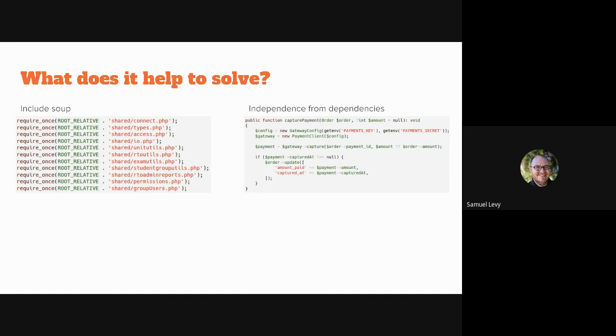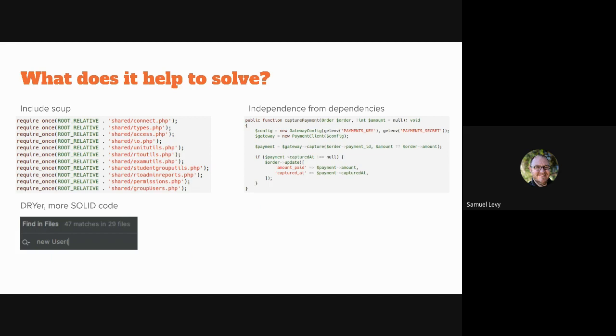So this capture payment is now silently, without you being aware, dependent on the gateway config and the gateway payment client. And you can't really see it easily from outside of there, and you can't see all of the places, or it'll be difficult to tell all the ways that it's being used and switch to a different payment gateway like Stripe or whatever else.